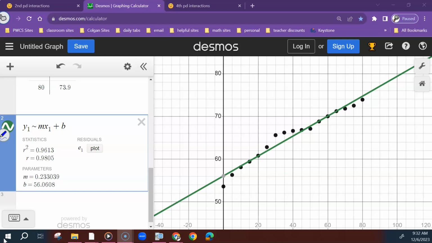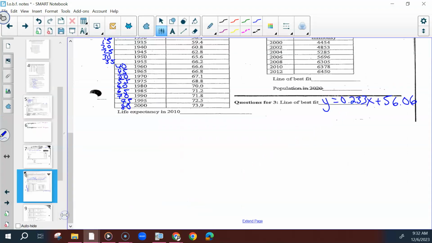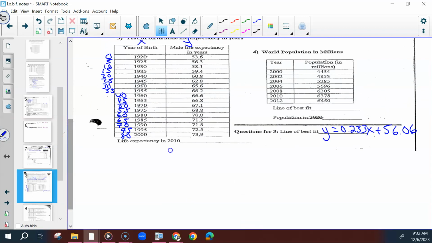Y value in 2010. But because we changed our years to 0 through 80, we have to figure out how many years since 1920 would 2010 be. 90. So then when we put in Desmos, it's going to be x equals 90.